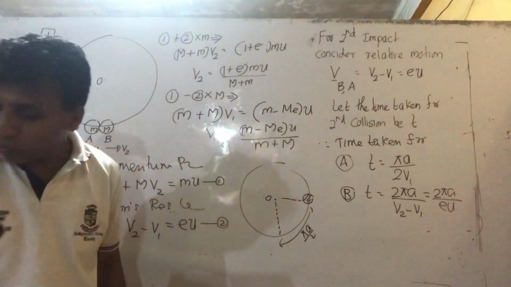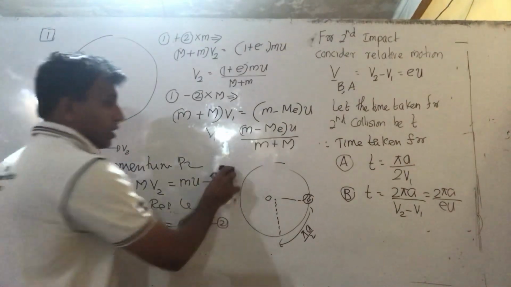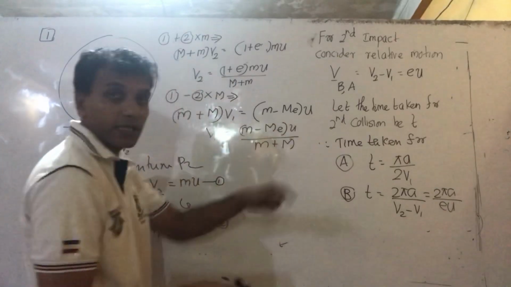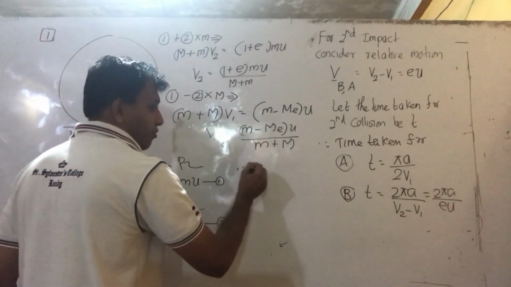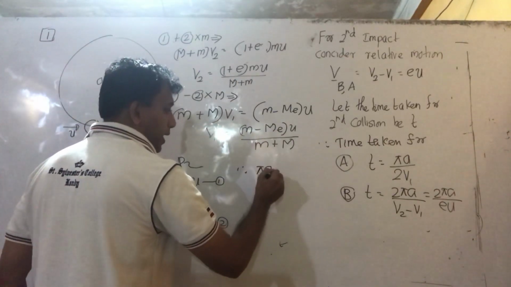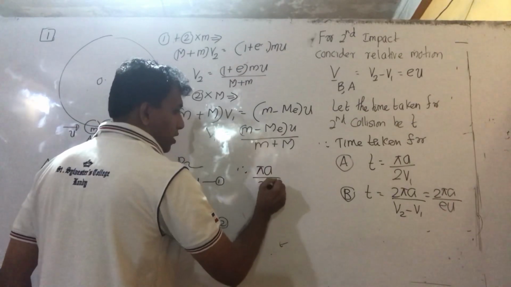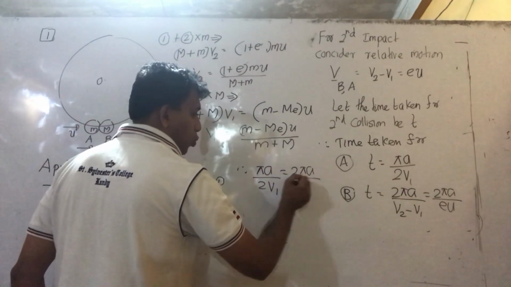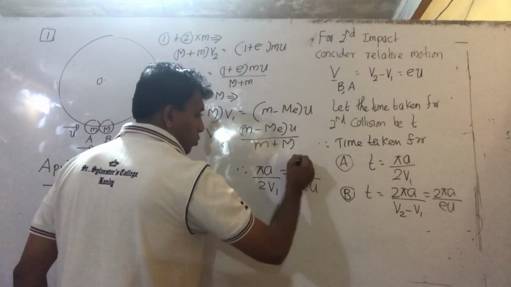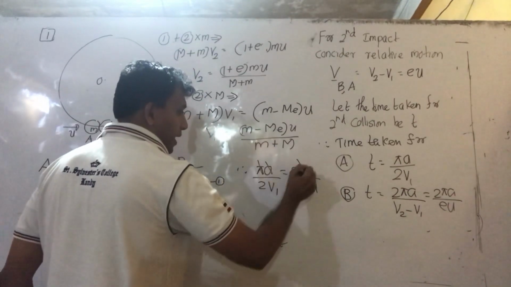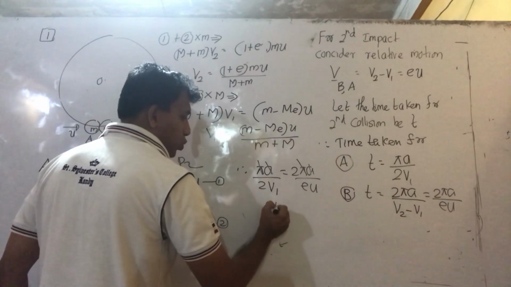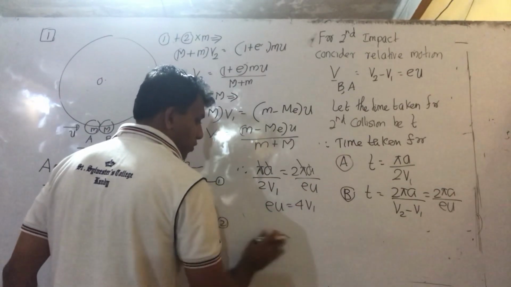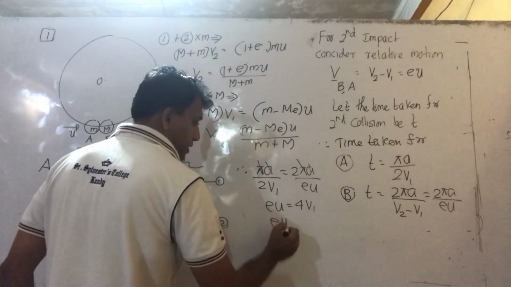Therefore, connect these two equations, connect these two answers. Therefore, pi A over 2v1 equals pi A over EU. So both sides pi cancel, A cancels. So EU equals 4v1, right? So we got the answer for v1.